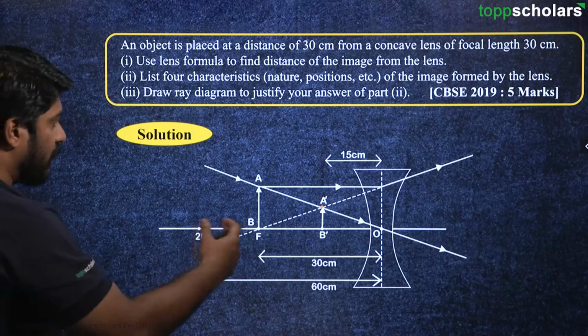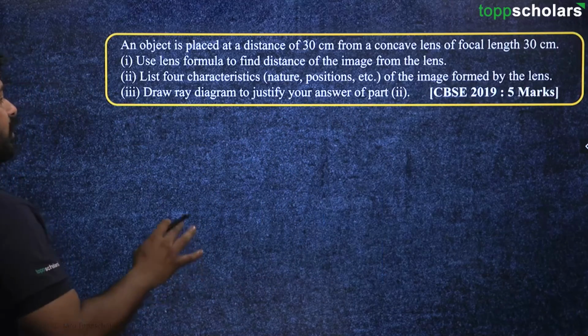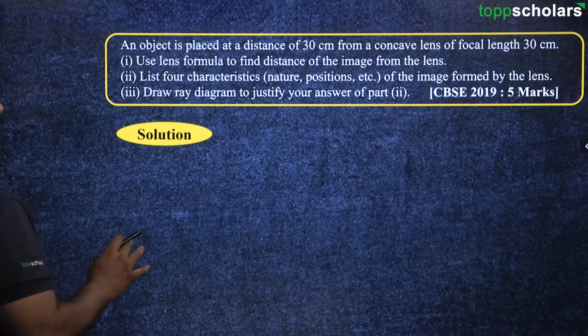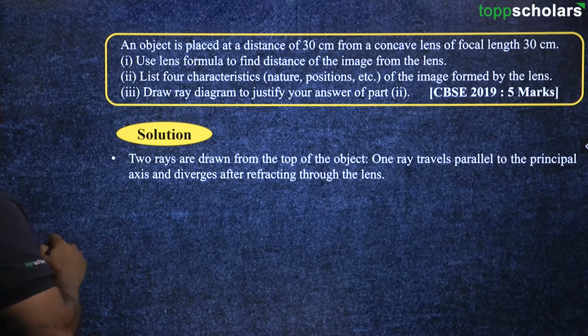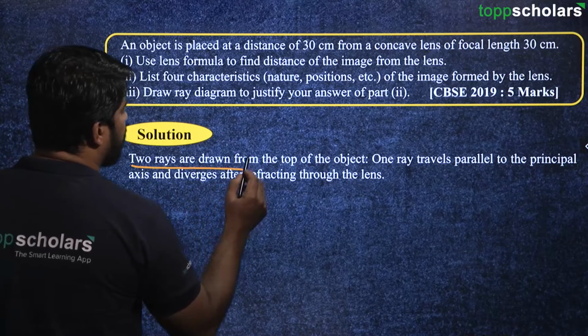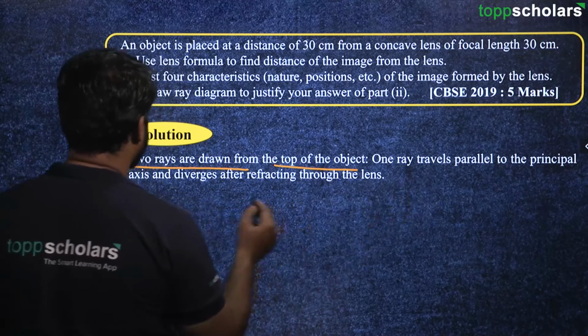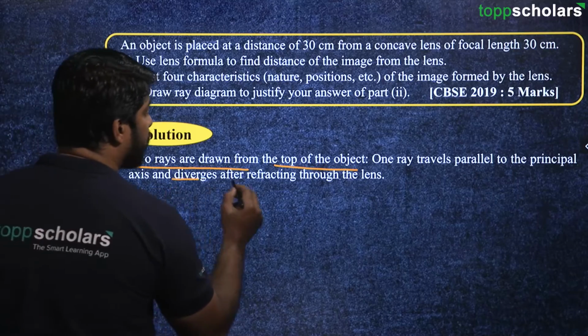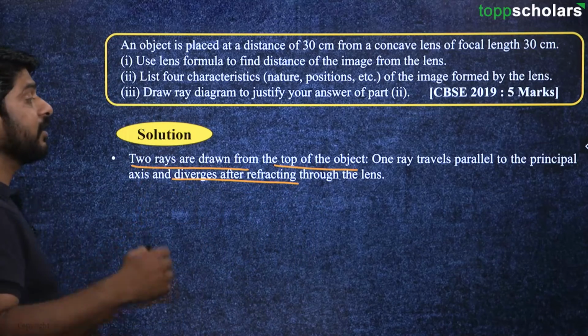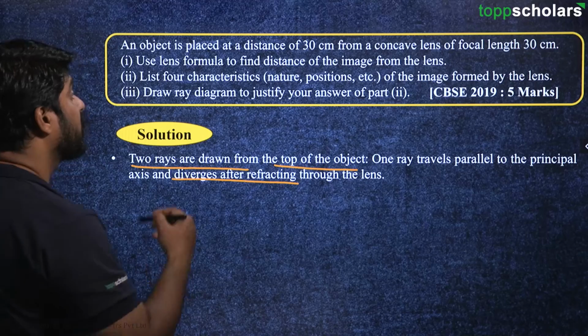Now let's have a look at the description of this situation. For drawing this ray diagram, two rays are drawn from the top of the object. One ray travels parallel to the principal axis and diverges after refracting through the lens, because it's a concave, diverging lens.